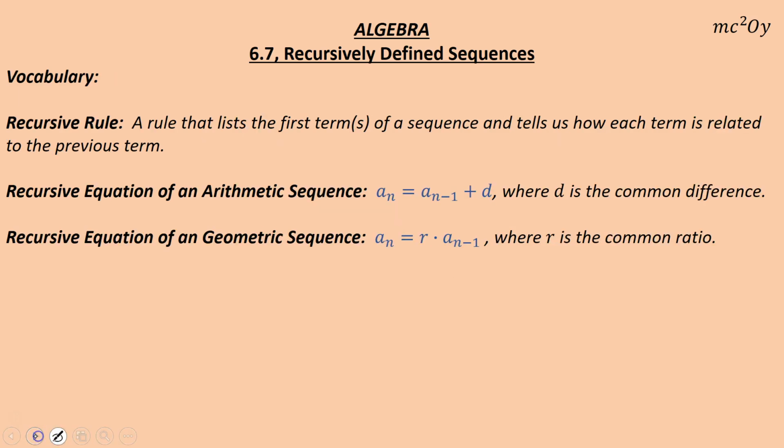To build on top of that, we're going to go to a different type of rule, which is called a recursive rule. The explicit rule helps us to find one specific term, whereas the recursive rule helps us to find the next term of the sequence. It's what you do intuitively anytime you're finding the next value of a pattern.